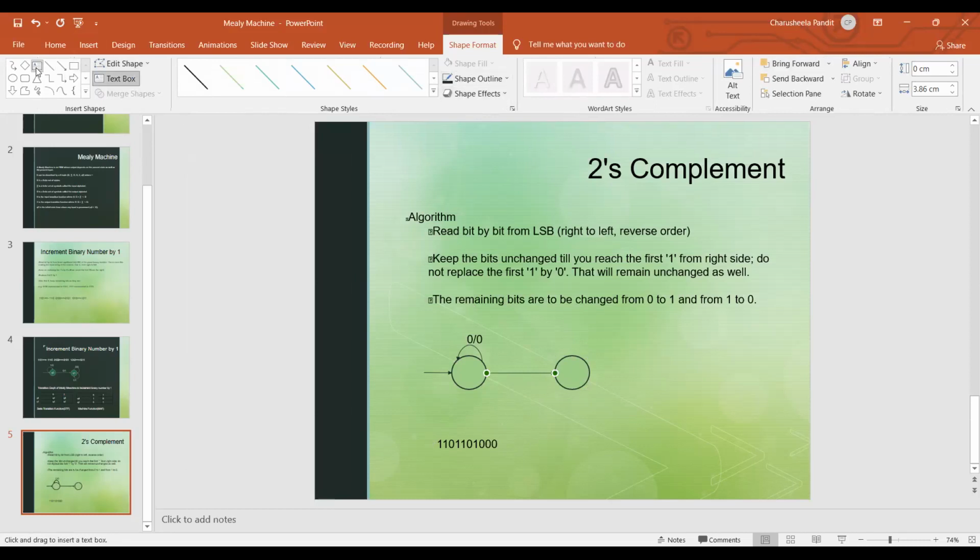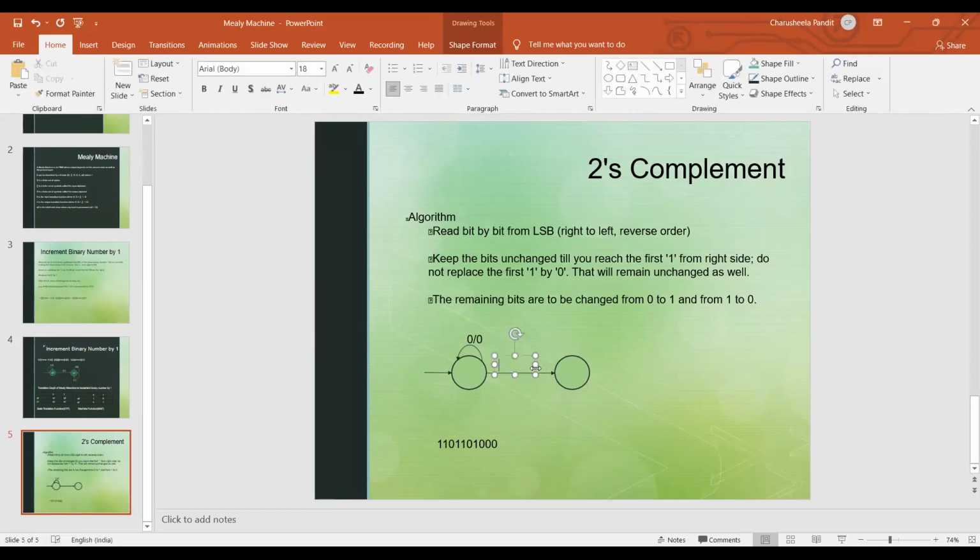That is the reason on receiving input 1, the output produced by the Mealy machine will also be 1. After that, once you keep all your zeros as they are and the first one as it is, the remaining bits you have to change. You have to replace 0 with 1 and 1 with 0.